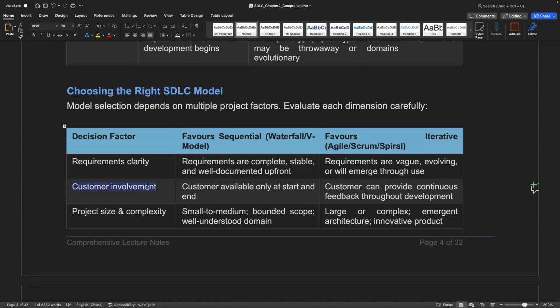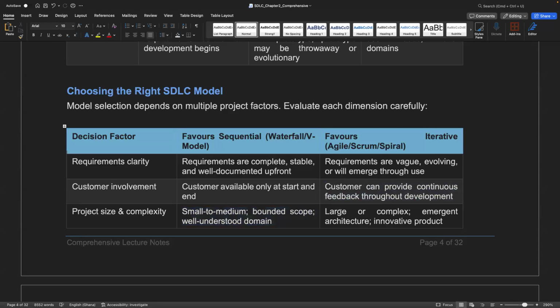Customer involvement. This one is only at the beginning when the customer has every document, and at the end when we are showing them the final product. And this one is throughout the cycle, we need it. The project size and complexity. If the project is very, very small, waterfall is required.